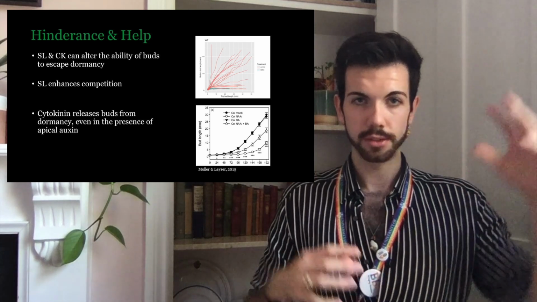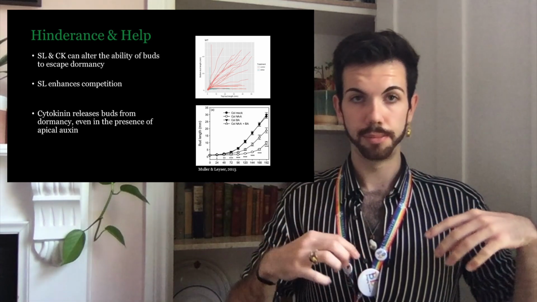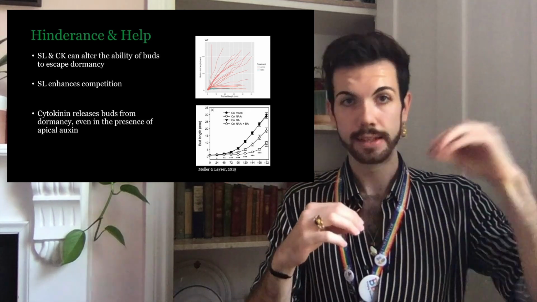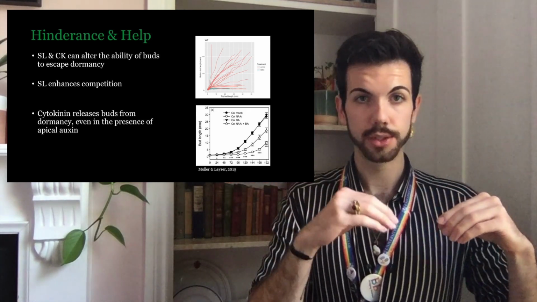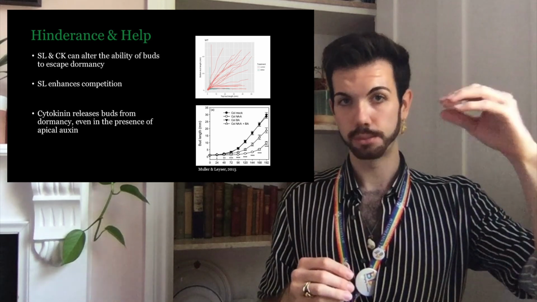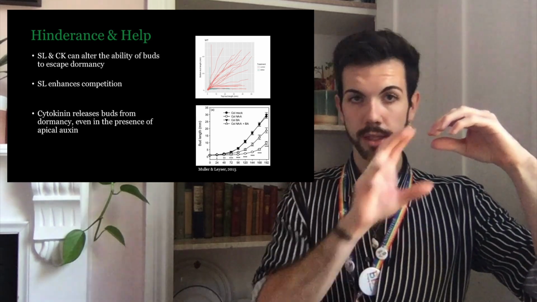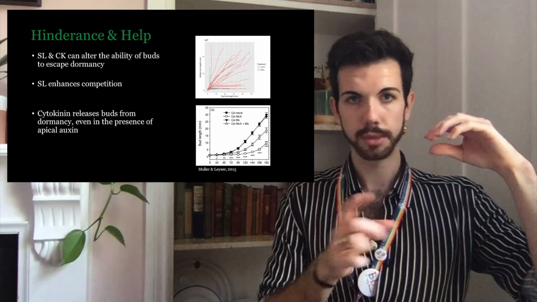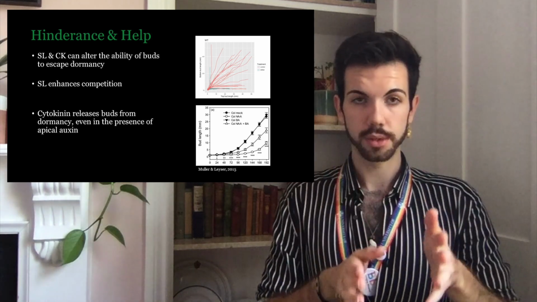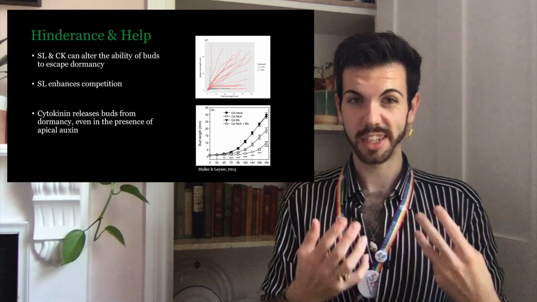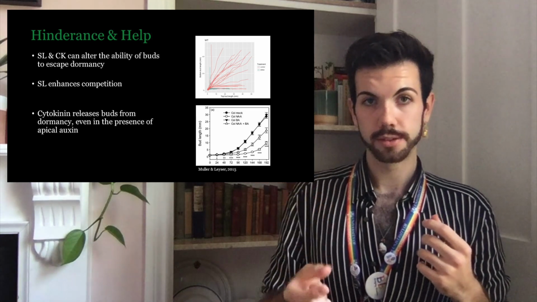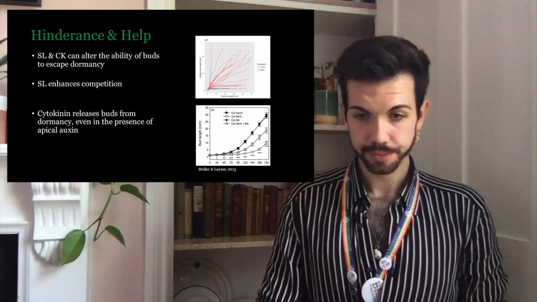And we think if there's multiple buds on this stem, they're all competing to try and access that sink and develop vasculature into it. And of course, as soon as one of those wins, it's going to start exporting a lot of auxin into this stream, which means that that polar auxin transport stream is no longer a good sink for auxin, and the other buds can't access it as easily.